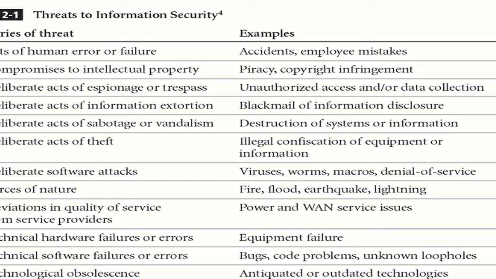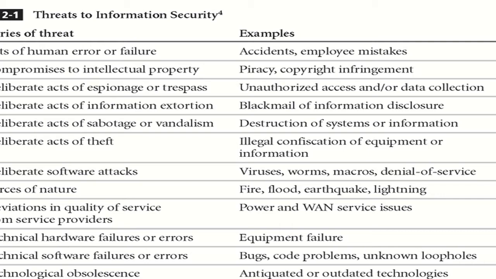So, the first category of threats is acts of human error or failure. Accidents or employee mistakes are a threat to information security or a threat to cybersecurity, in the sense that, let's say for instance, if an employee forgets to put a password or forgets to lock his or her machine before leaving a particular room or a particular venue.